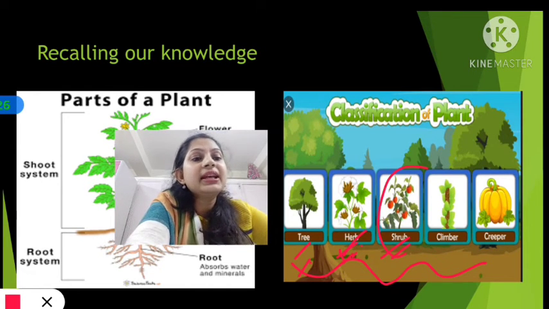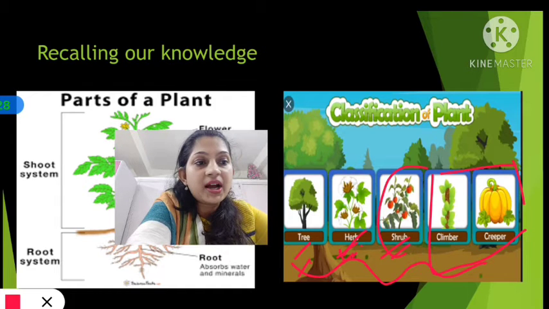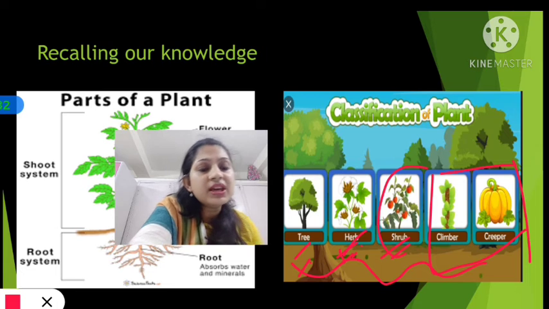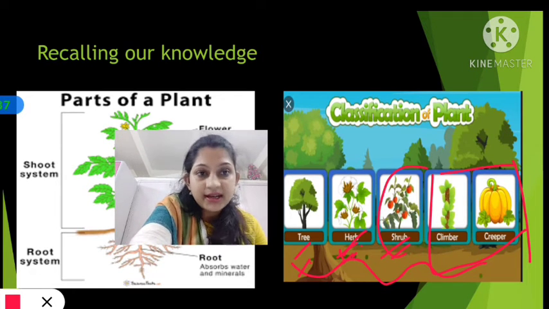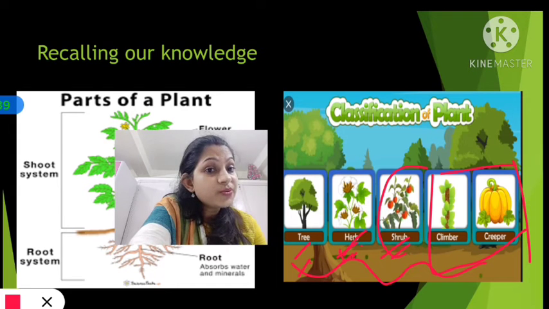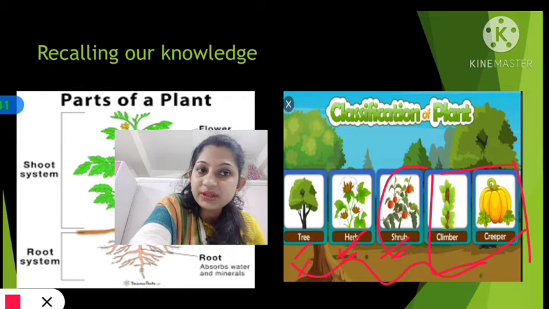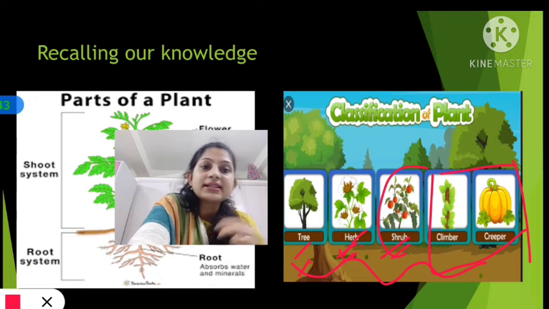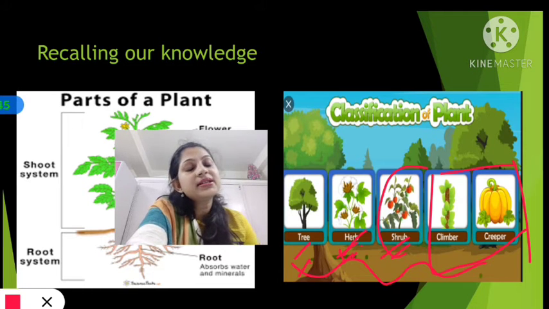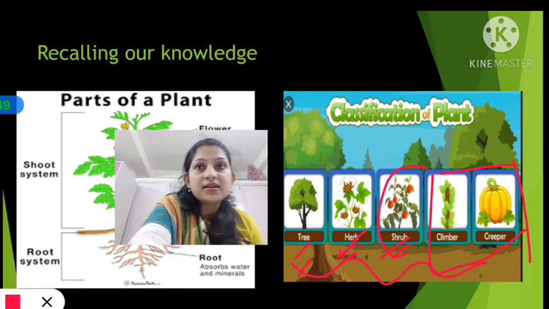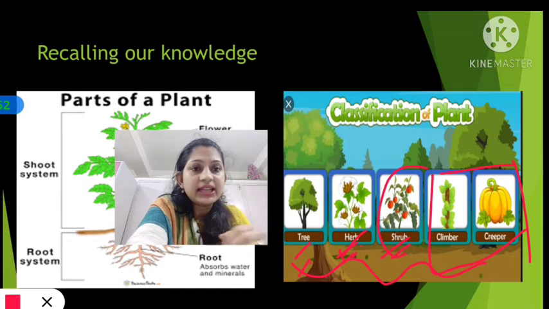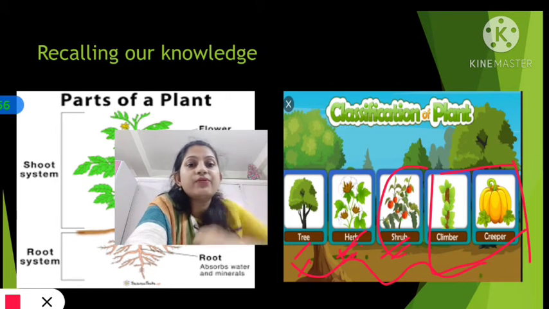Then comes one more category of plants which cannot stand erect. Their stem is so weak that they cannot stand erect. These are creepers and climbers. And there is a difference between a creeper and a climber. You remember that? A climber's stem is also weak, but when it gets support, it climbs over any surface or any solid object if it is there.